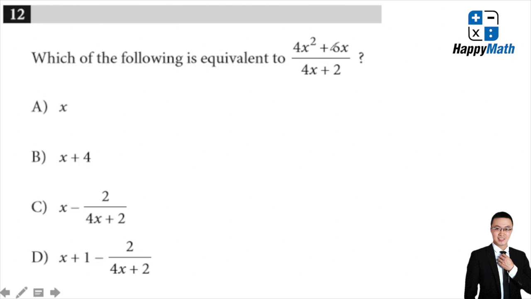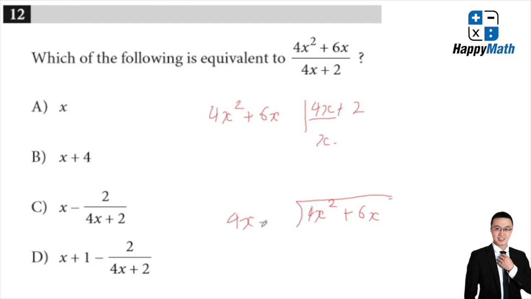I take the numerator divided by the denominator: 4x squared plus 6x divided by 4x plus 2. 4x squared divided by 4x, you get x in this position, and multiply again, you get 4x squared and x times 2, you get 2x, and take the minus here, 0, 6x minus 2x, 4x.